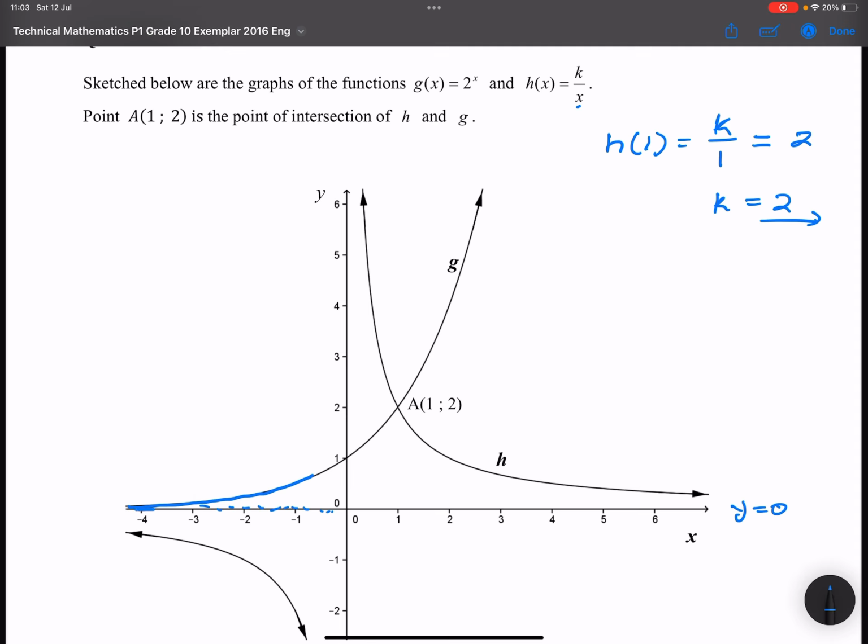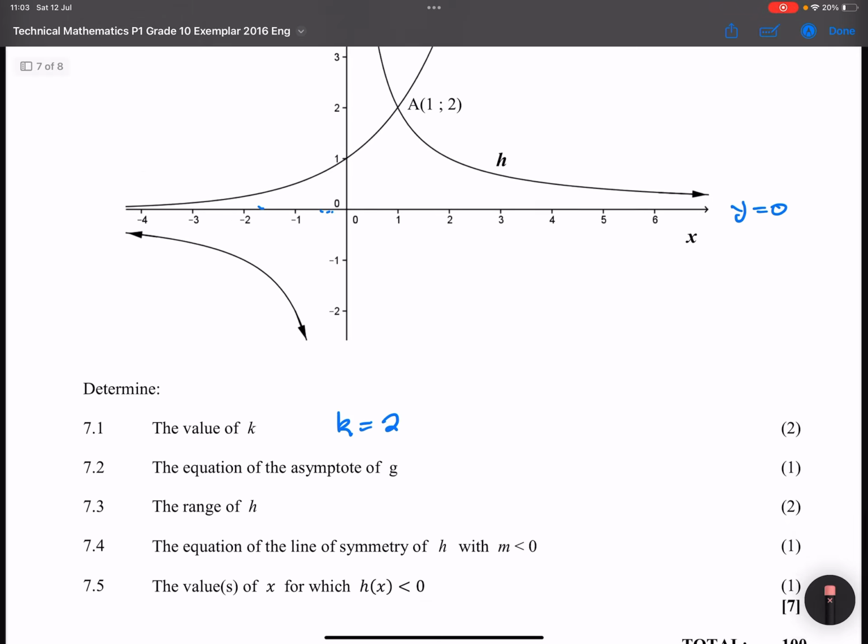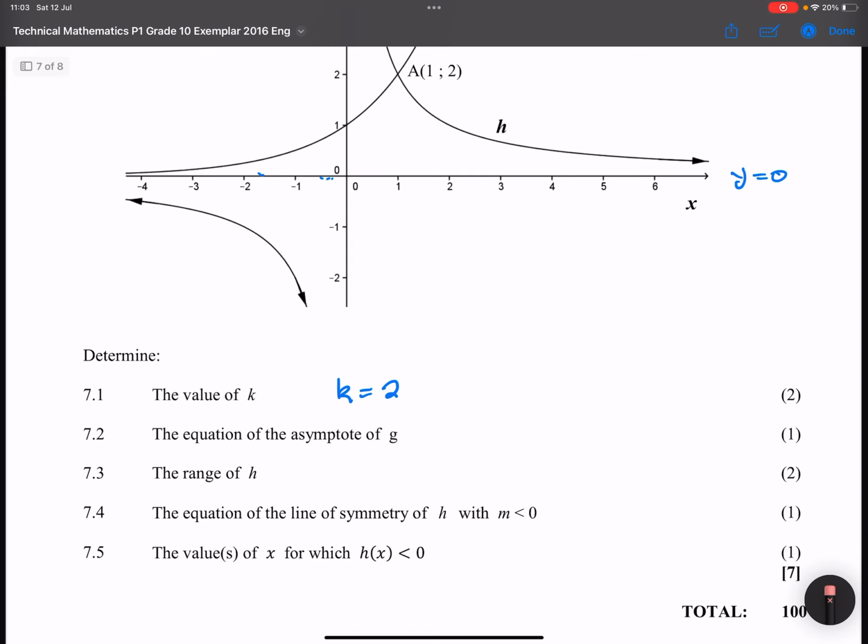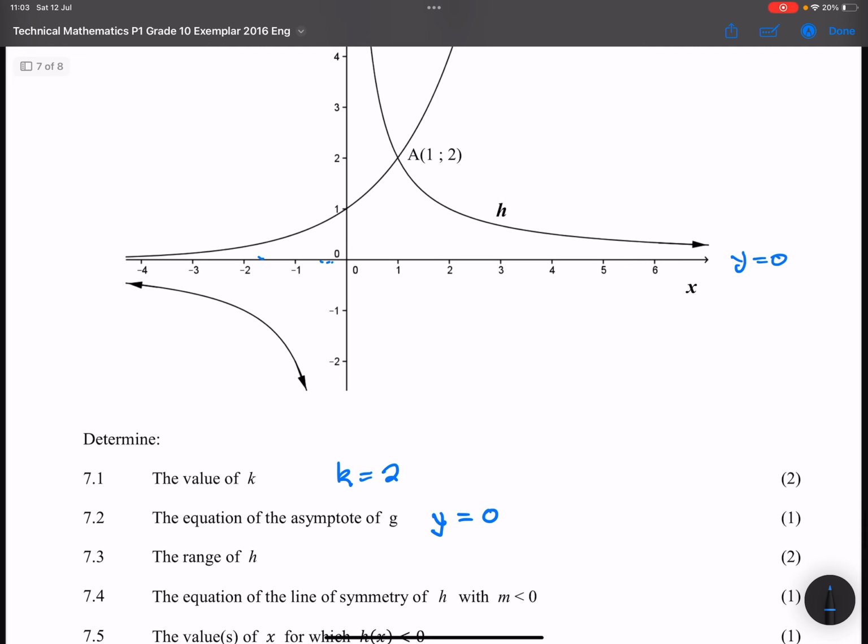The x-axis has that equation. For any x value, y is equal to 0 on the x-axis. So that is the asymptote for our exponential graph. It will never pass that line, which means the x-axis acts as the asymptote.